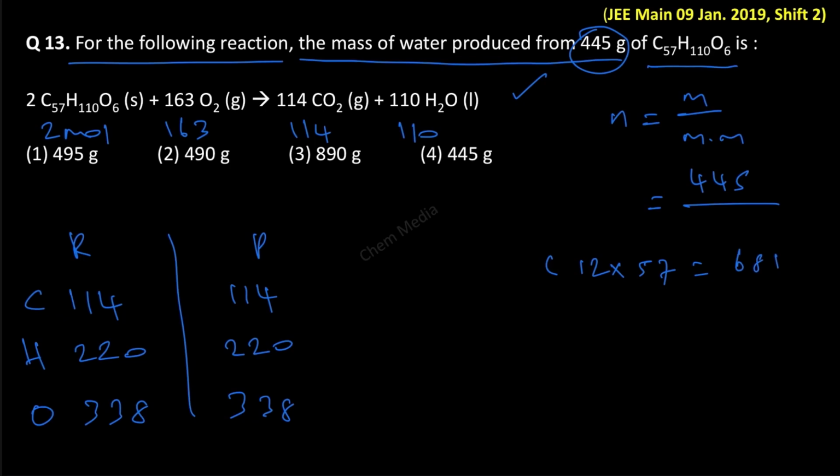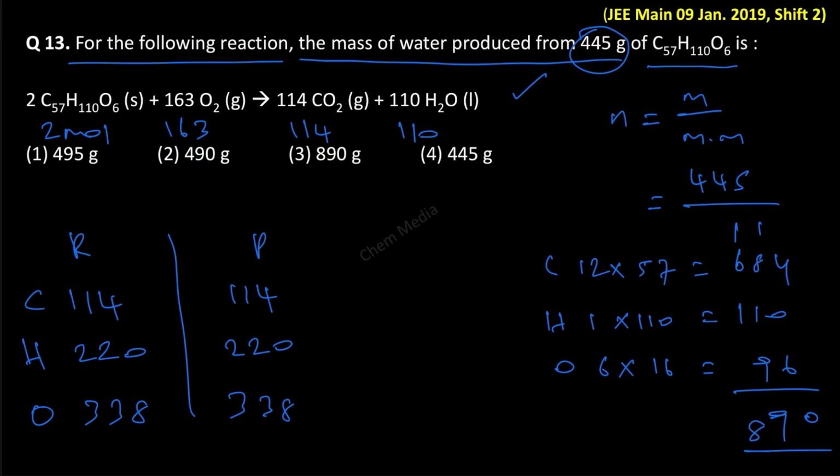So, 684. And then hydrogen we have 110, and then oxygen 6 times 16, that is equal to 96. Adding these up, we get 890 gram per mole.